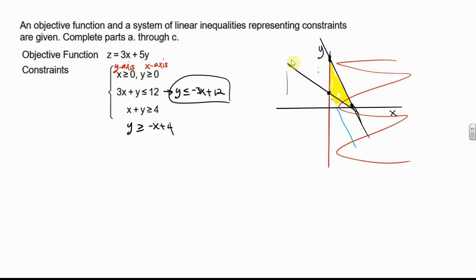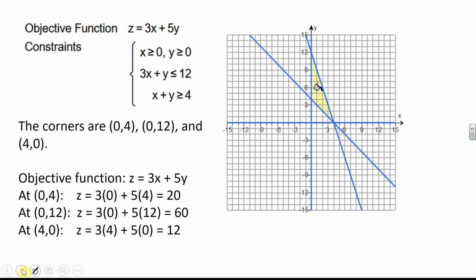When you pick those points in my math lab, it will give you the exact graph. And so none of what I'm doing here is by scale, because I just picked and said, okay, this is 12 up here, this is 4. But I didn't scale it off to say, okay, this is 1 unit, 2 units, 3 units, and nothing was proportionate. So when I did that in my math lab, it gives you the exact graph. And so that's the region in there.